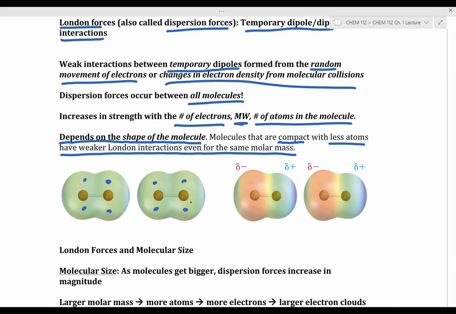At any given time, your electron density could, through the random motion of electrons, end up piled up disproportionately on one side of your molecule. As we're showing it piling up on the left-hand side, suppose your electron density ends up localized on one side of your molecule. Due to this random movement of electrons, we have generated a set of temporary dipoles.